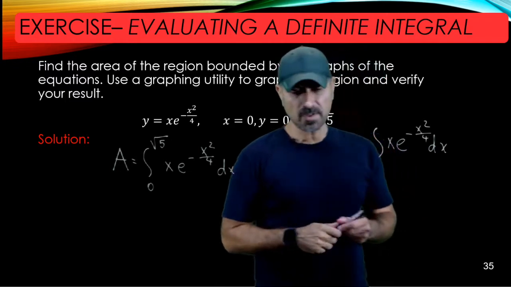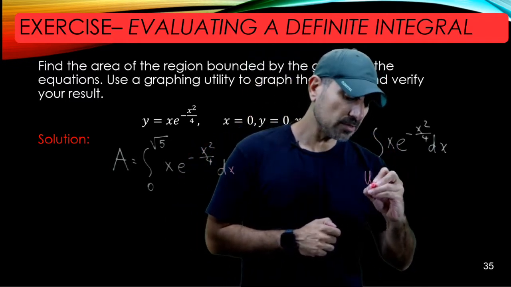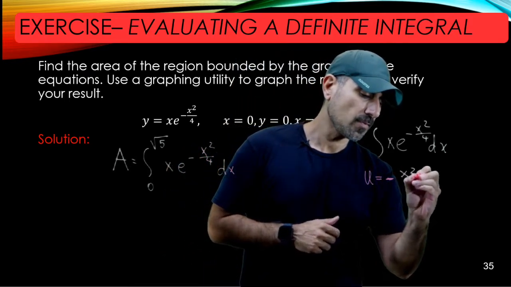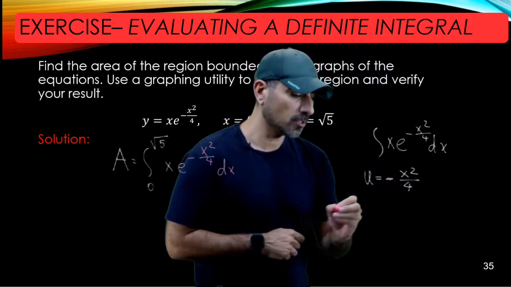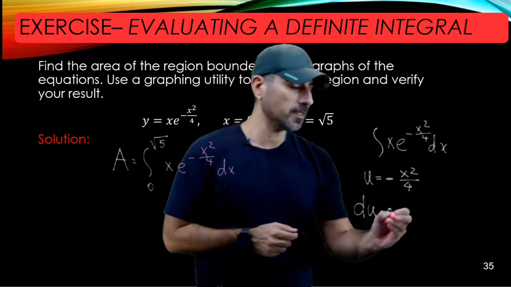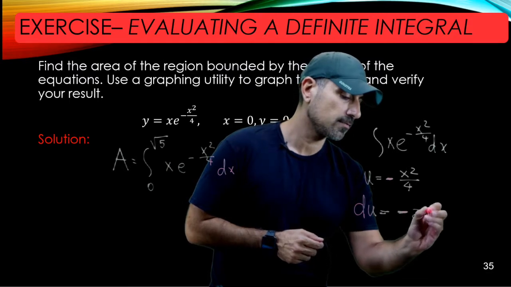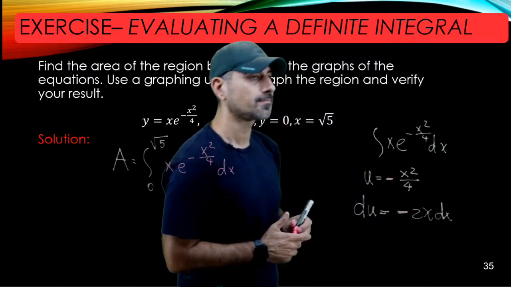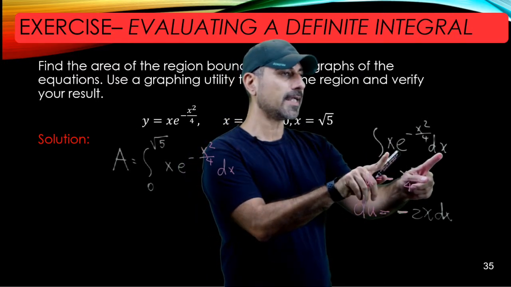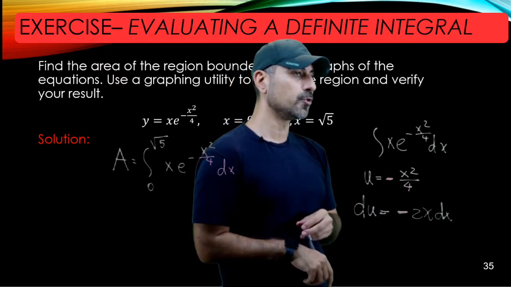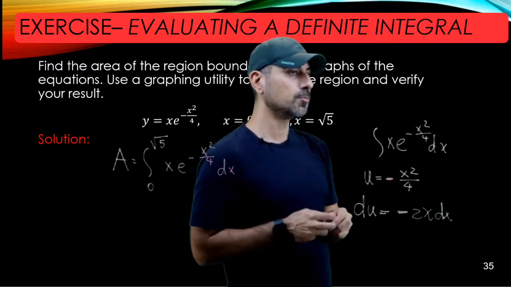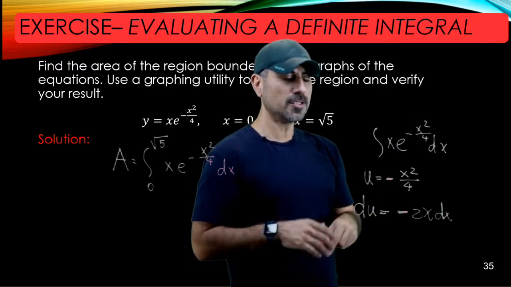In fact, if you call the exponent all the way a new variable u, and if you take the differential of u, you will have u prime dx, but u prime is negative x over 2, so du is negative x over 2 dx. That's good news because I can replace x dx by the corresponding du version of that. And I have already called the exponent u, so that the u integral is going to look like this.